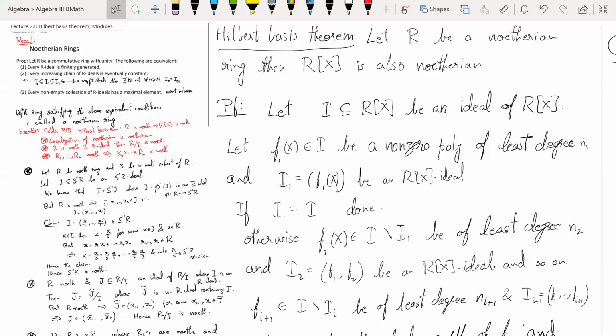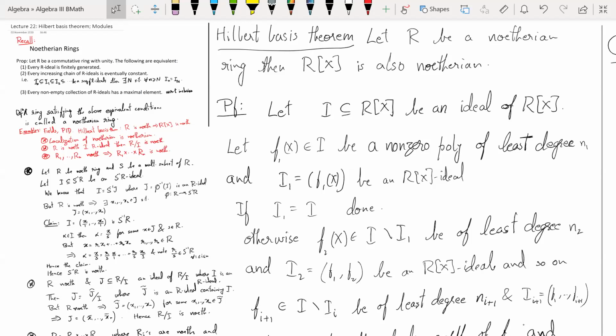You'll see if there is some constant, consider the ideal generated by that, and then go to the next degree polynomial and so on.